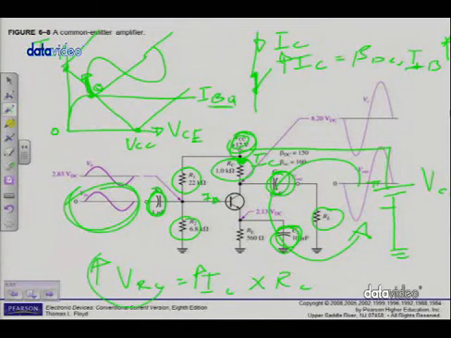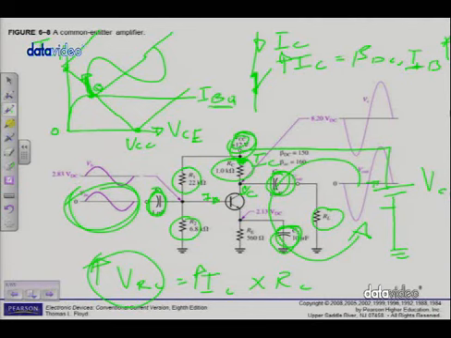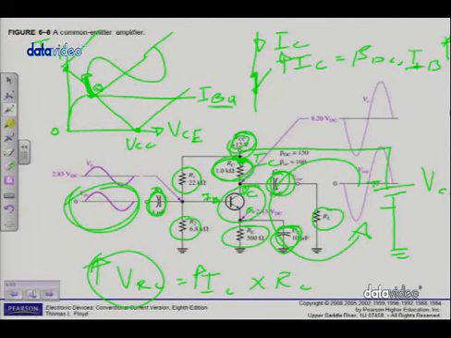All right, now let's get back to this. We've seen now that VRC increases as IC increases. Now, if VRC increases, what is going to happen to VC? Remember, what are the volt drops? Volt drops are VRC, VCE, there's a volt drop there as well, and VRE. Those are the 3 volt drops. If I add them together, it should be equal to VCC.